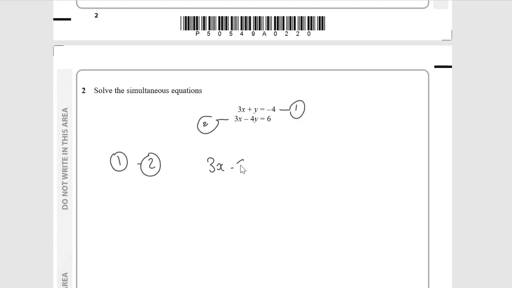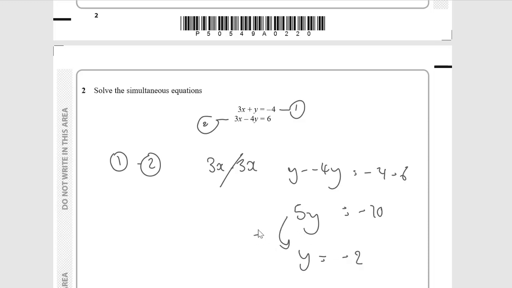So 3x minus 3x, y minus 4y equals minus 4 minus 6. So this cancels. This gives us 5y equals minus 10. So y equals minus 2 because we divide by 5.